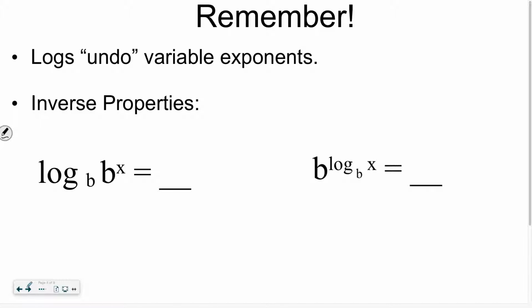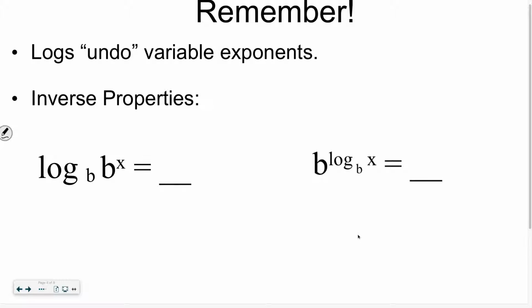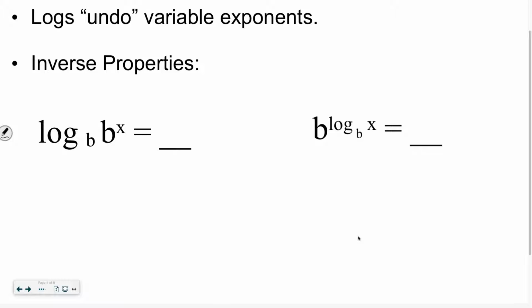Okay, so let's look on this left side. We have this property that has a lot of stuff going on. It says log base b of b to the x. Now, I'm going to think about it like I would have yesterday. Put my thought bubble up there. This is what's happening in my brain, right? If it's log base b, then the base to my exponent is b.